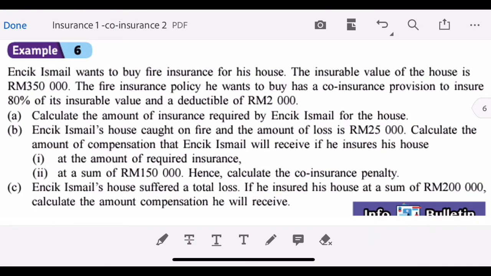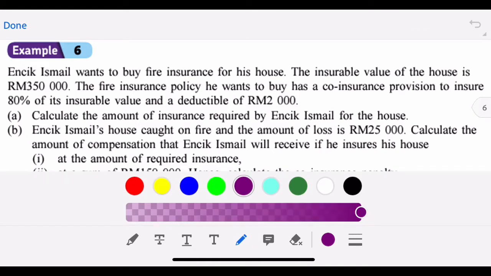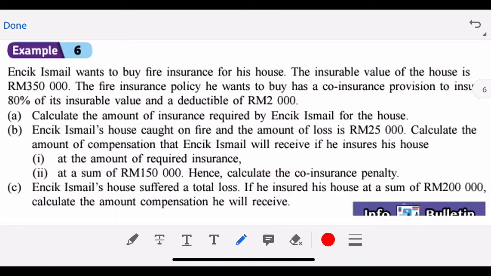Let's continue with the example. Inche Ismail wants to buy fire insurance for his house.